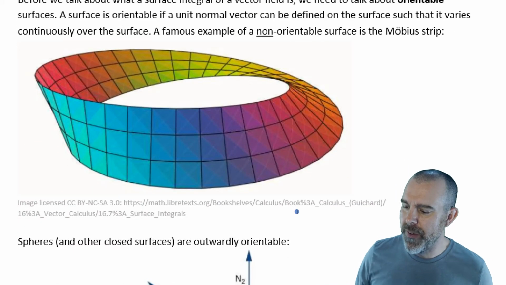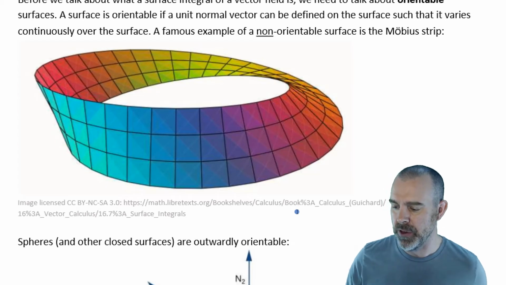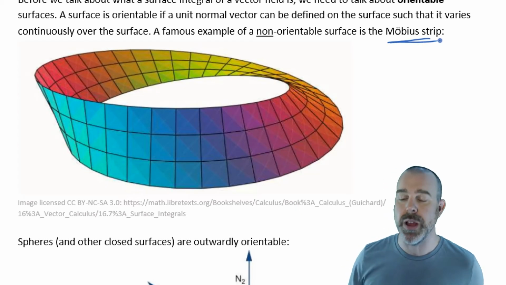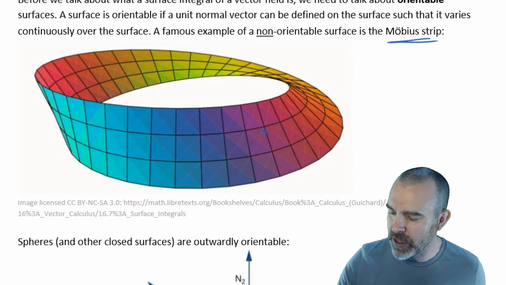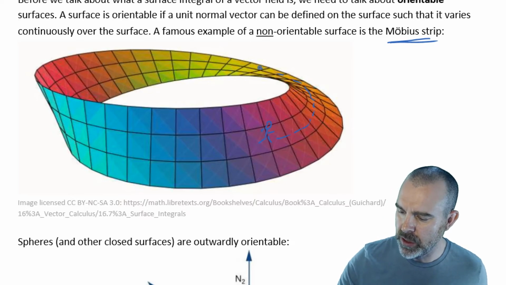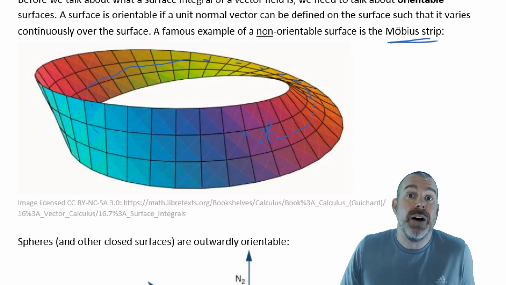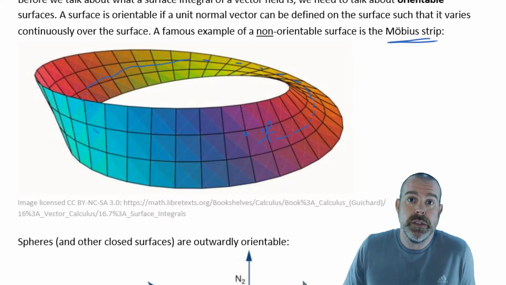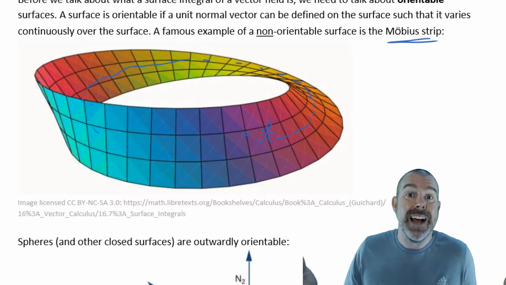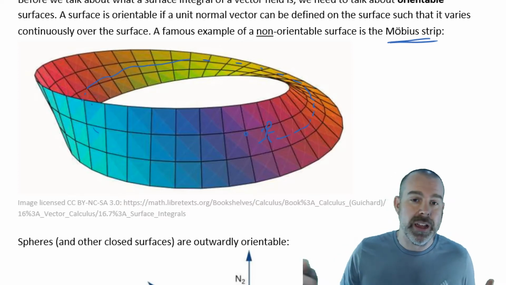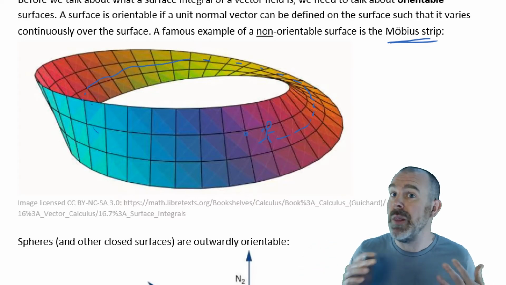So here's a famous non-orientable surface, the Mobius strip. If you kind of imagine yourself walking around on it, wait, hold on. Now you're actually on the other side. There's no outside to this strip. There's all one side. You can keep walking around, you end up back where you started, so that's not good.